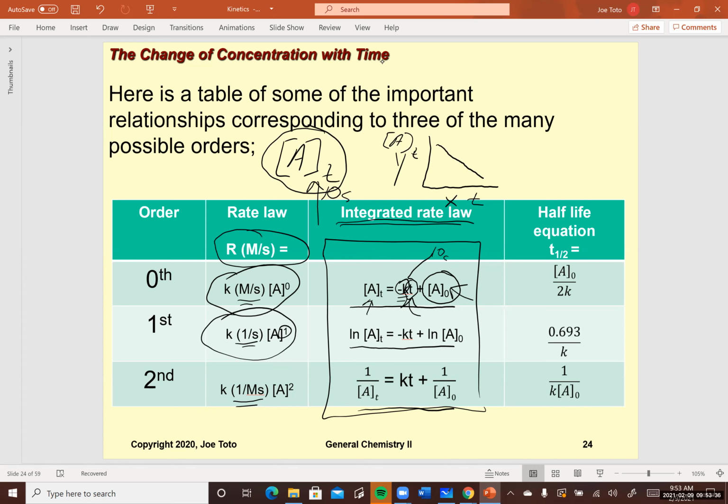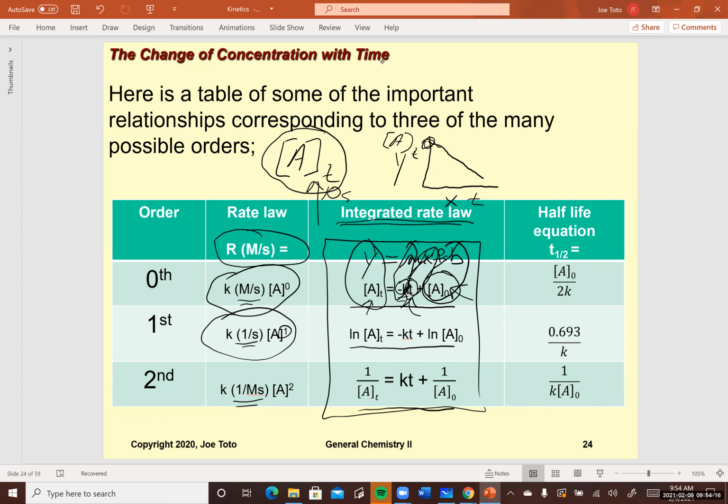And so b, that y-intercept right up here, does anyone know what that corresponds to for zeroth order? It'd be the concentration at 0 seconds. Yeah, that's right, because this is in the form of a straight line, y equals mx plus b. So b is associated with this term, x is the t term, the slope is minus k, and y would be the concentration.